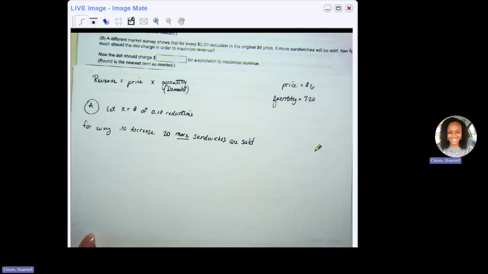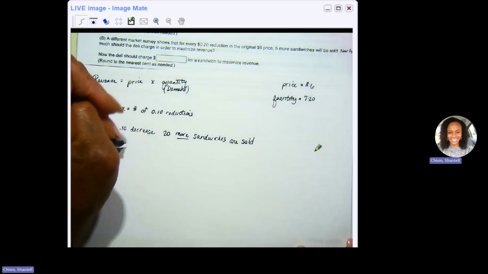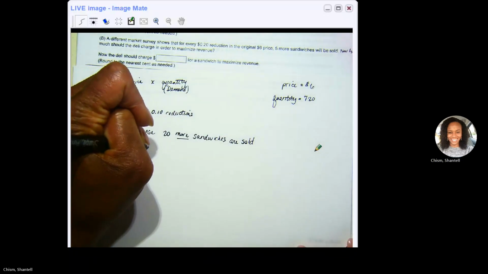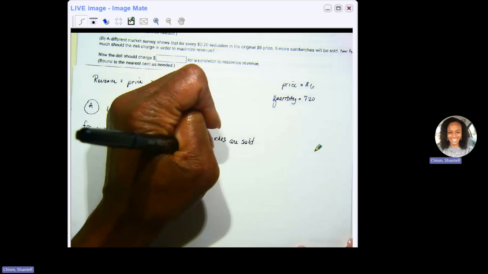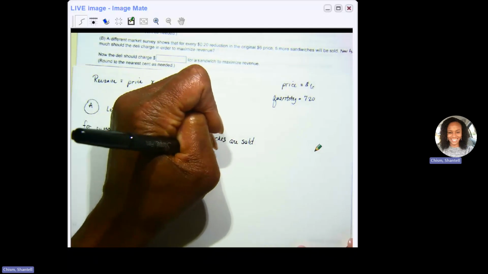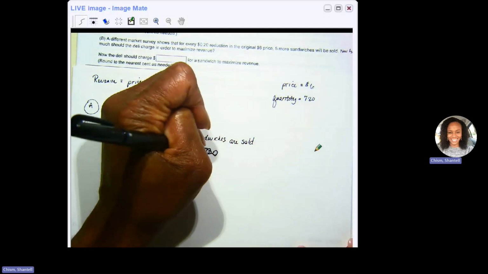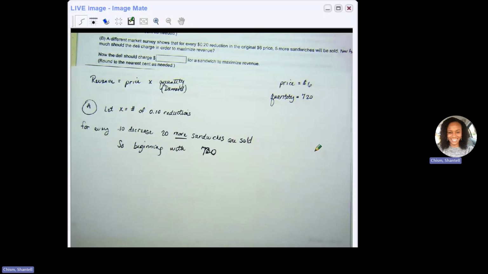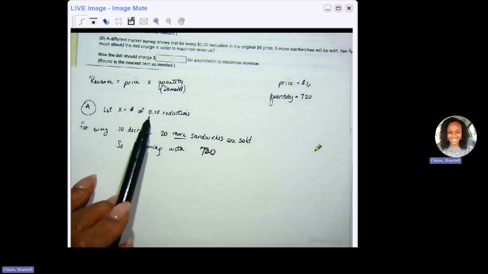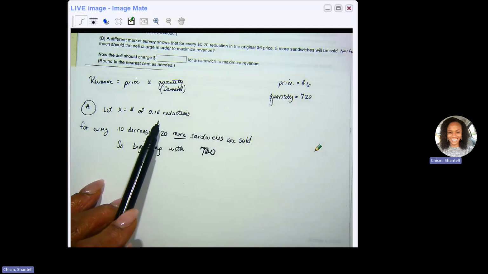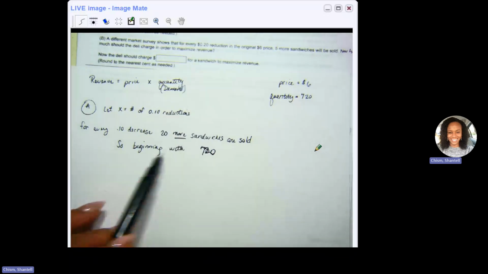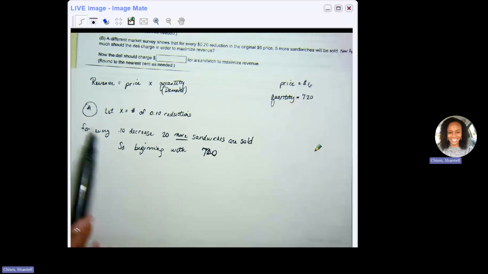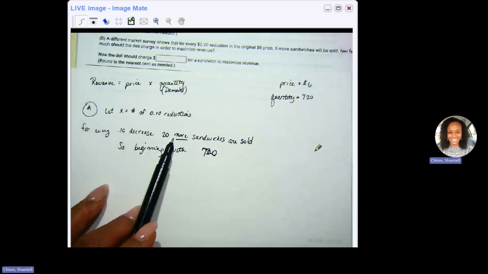So if we start off with the quantity of 720, beginning with 720, we're told that as X increases, as the number of reductions increases, 20 more sandwiches will be sold. So that means our new equation for this particular situation, and this says for every 10-cent decrease, 20 more sandwiches or so.